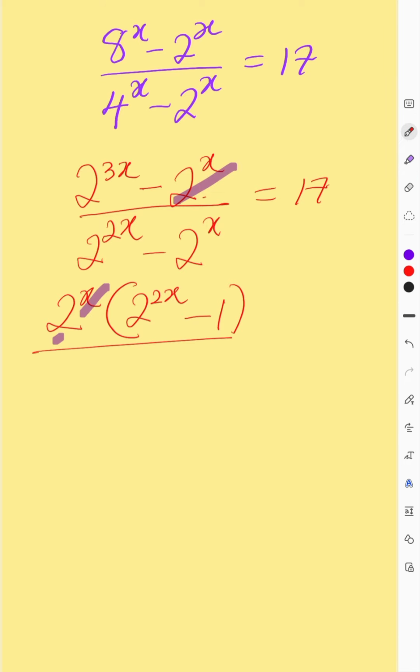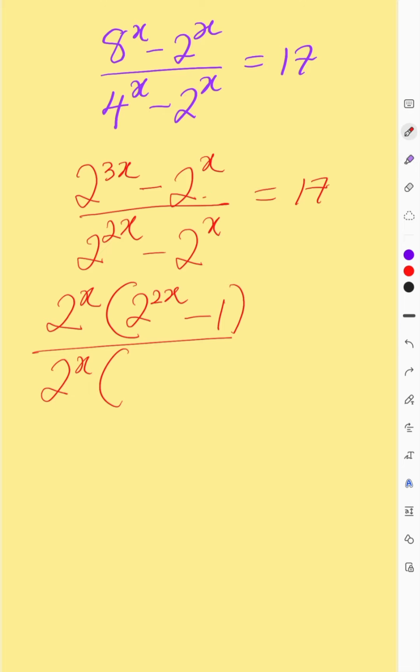But before that, let's clean this all over. In the denominator, we have 2 to the power of x as common. Also factor it out. 2 to the power of 2x here divided by 2 to the power of x, we shall get 2 to the power of x as well.